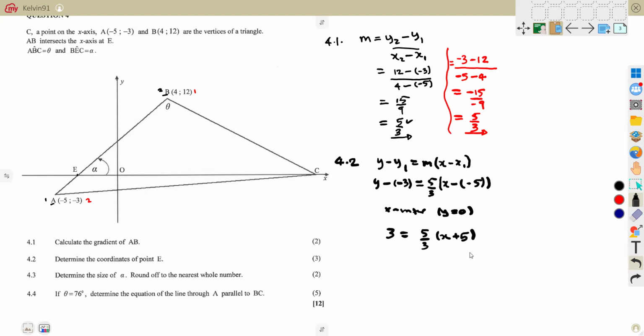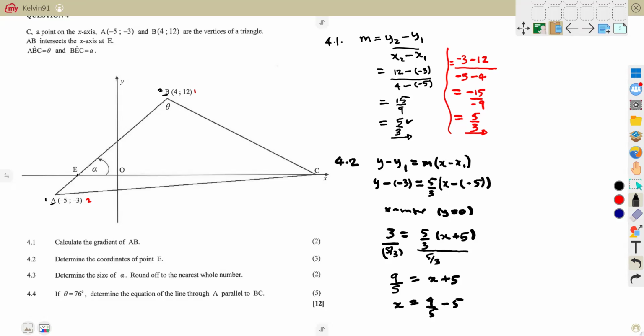Then dividing both sides by 5 over 3. If we divide both sides by 5 over 3 here, it means here we are going to be left with 9 over 5 being equal to x plus 5. When you subtract the 5 both sides, it means the x is going to be 9 over 5 minus 5.